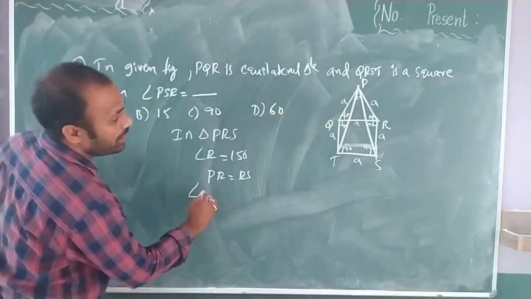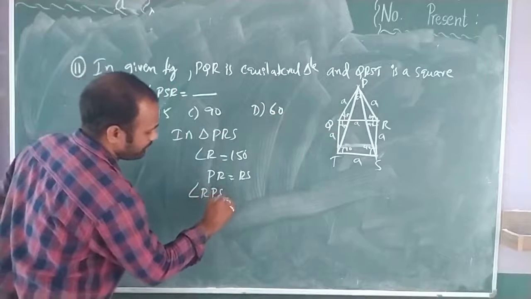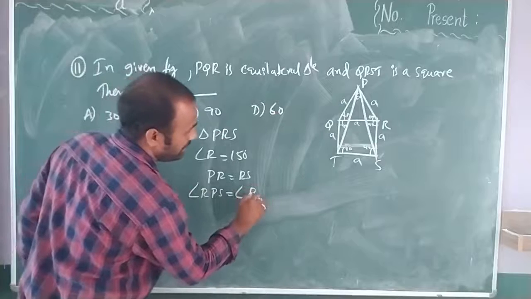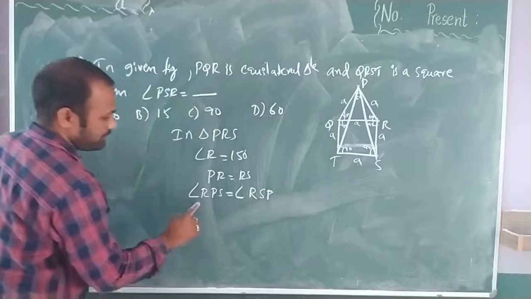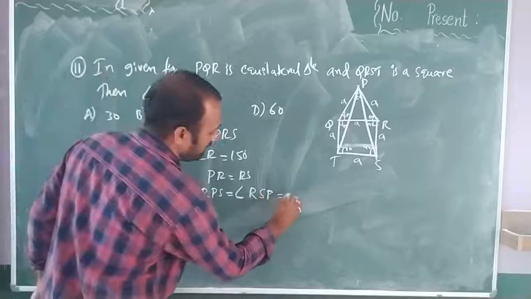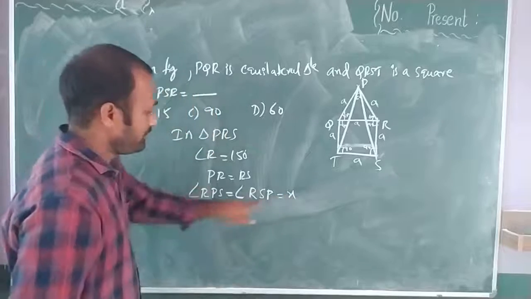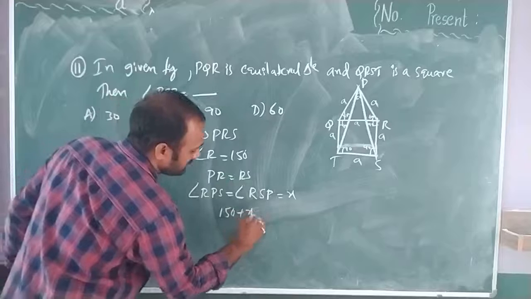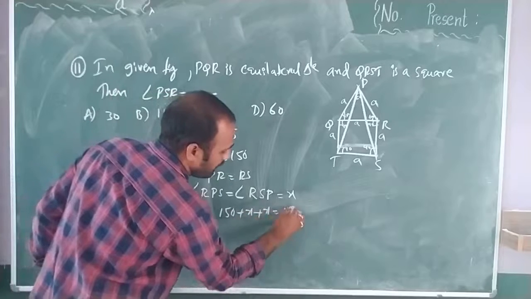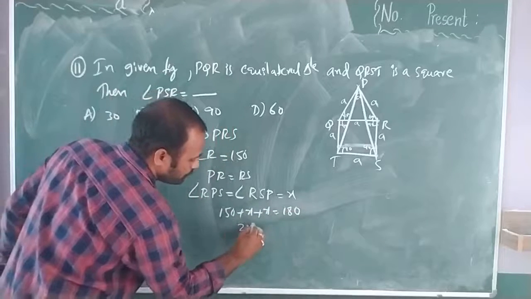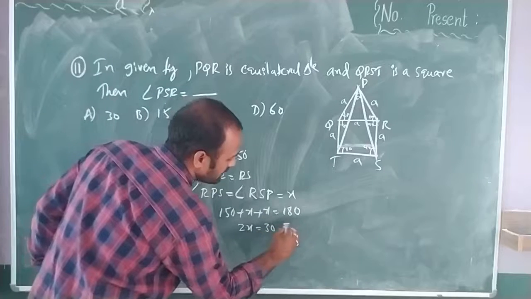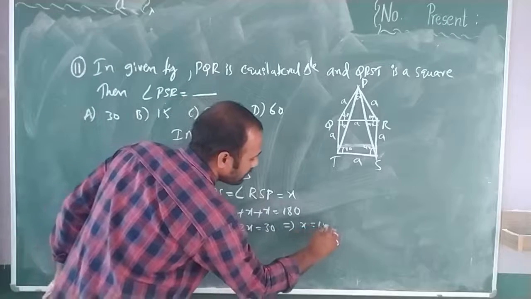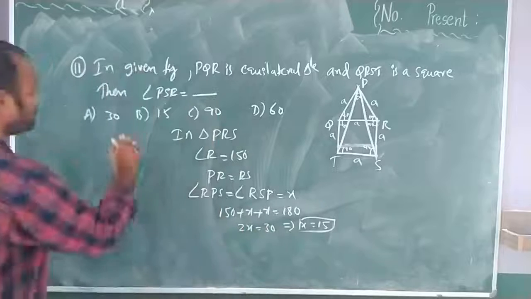That is, angle RPS is equal to angle RSP. So I will mention it by x. So if I take this triangle now, 150 plus 2x is equal to 180 degrees. 2x is equal to 30 degrees. That implies x is 15 degrees. So option B is correct.